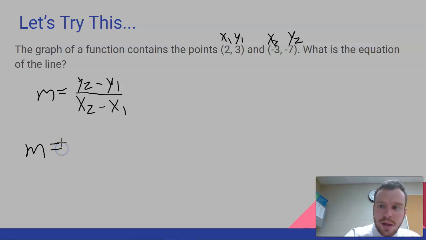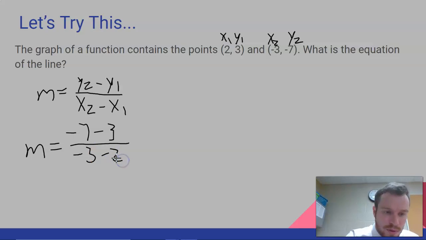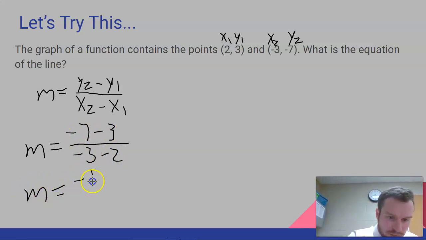So we get y2, which is -7, minus 3 over -3 minus 2. So m equals -7 minus 3 is -10 over -5, which becomes 2. So m, the slope, is 2.